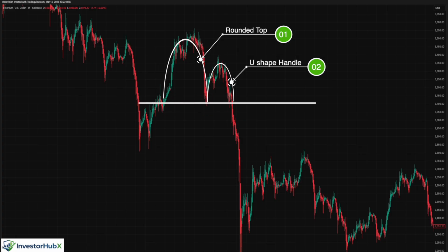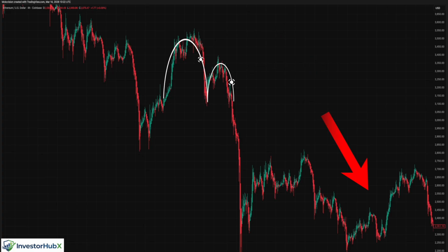When the price breaks below the neckline, the inverse cup and handle pattern is confirmed, and the market often experiences a strong downward move. Traders typically enter the trade at the breakdown as bearish momentum begins to increase. The larger the cup and the longer the pattern takes to form, the more powerful the potential move after the breakout or breakdown.